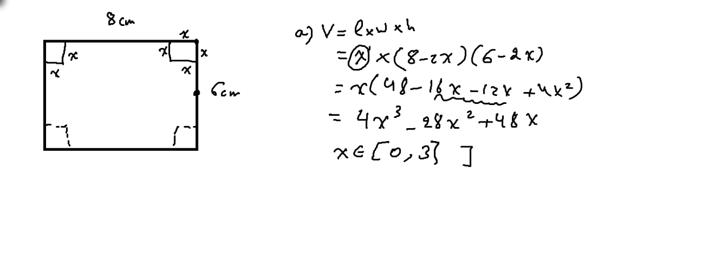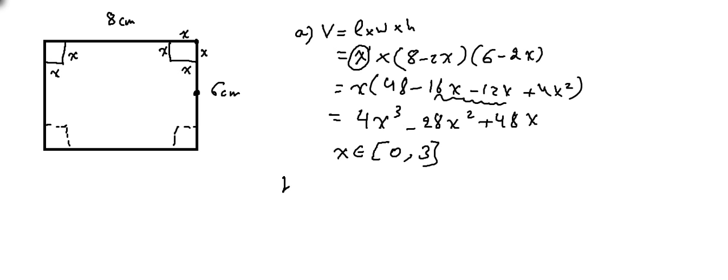So (0, 3) is the domain of x. x should be a value between 0 and 3 only. Why not half of the length? Because it would be 4, and that is more than half of the width, which is not possible, because if x is 4, what is left for the other side is 2, and we cannot take 4 from one corner and 2 from another corner, right? So this is part A.